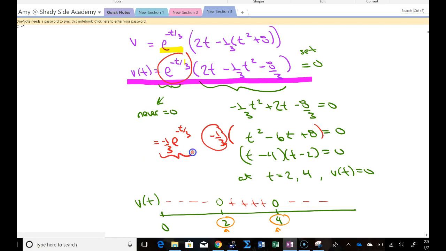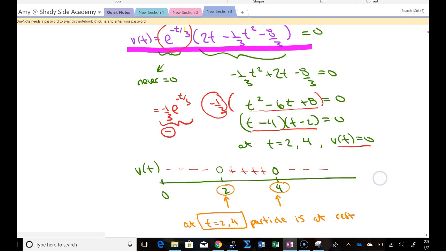So now this factor is always going to be negative, right? Okay, and the reason why I factored negative 1/3 out, or you can think of it this way, I multiplied both sides of this equation by negative 3, same idea, is because if I look at this now, it's lovely and beautifully factored. At time t equals 2 and t equals 4, v of t equals 0.